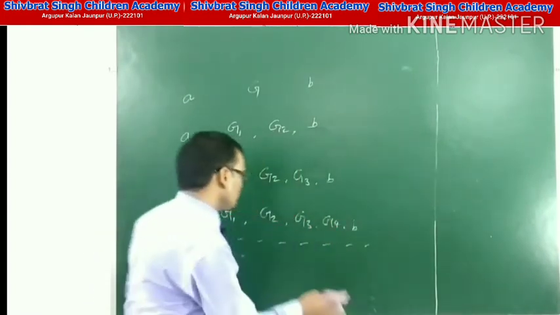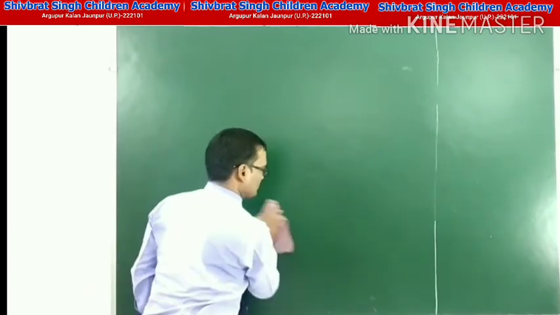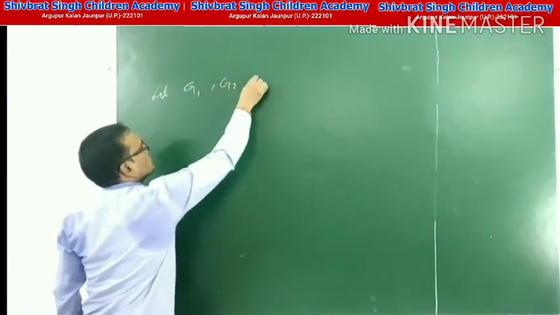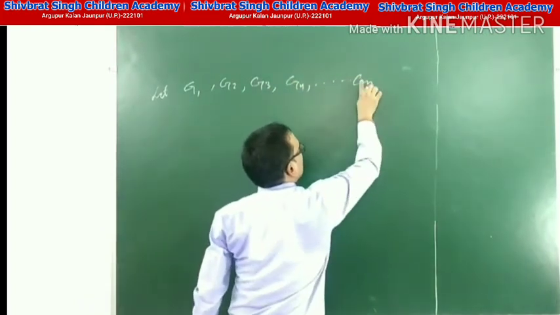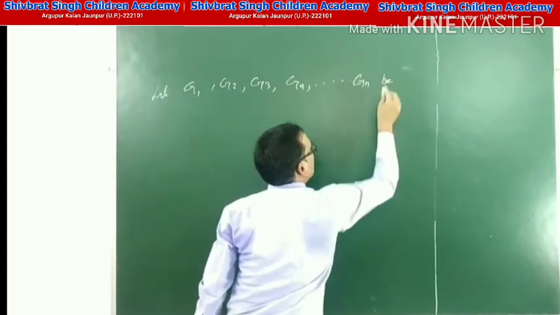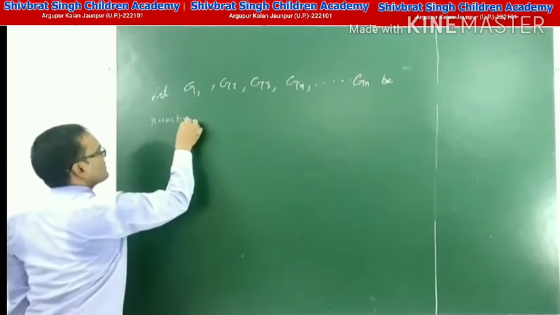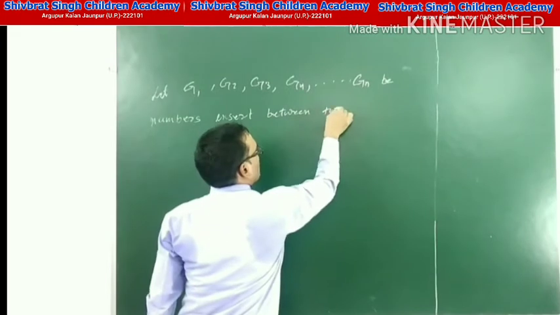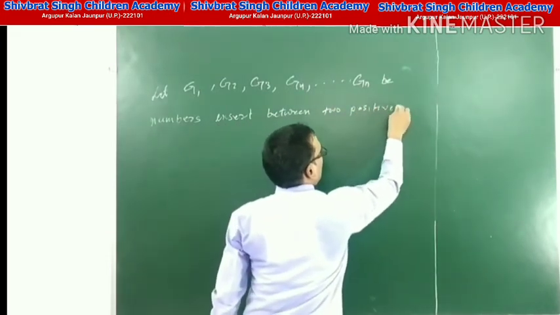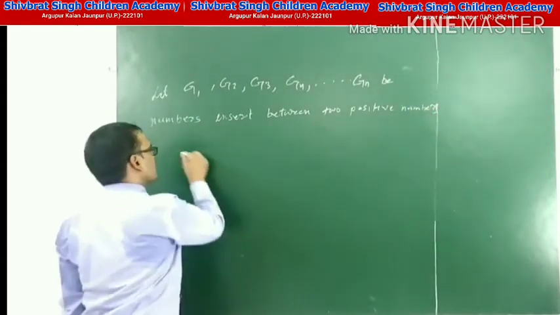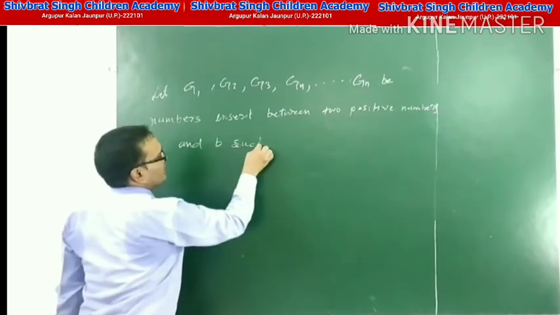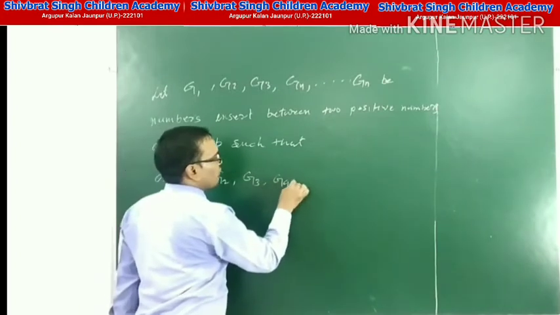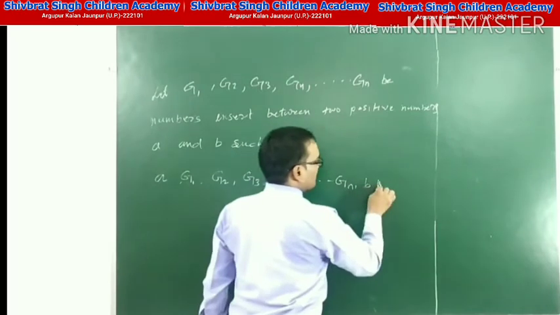Now let G1, G2, G3, G4, and so on up to Gn be numbers inserted between two positive numbers a and b, such that a, G1, G2, G3, G4, so on, Gn, b is a GP.